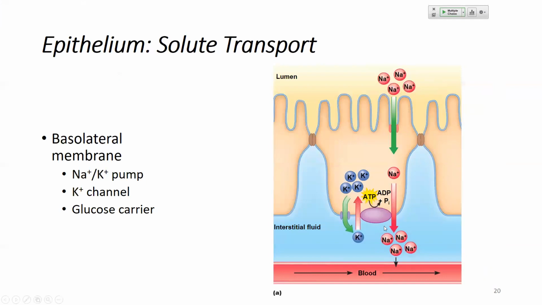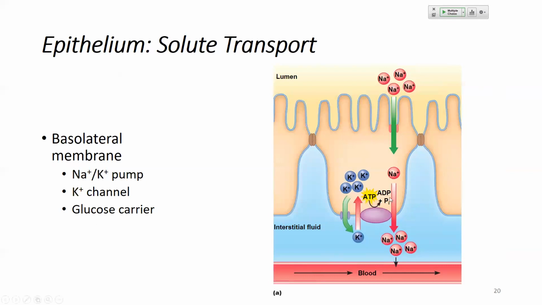And it's going to be bringing potassium in, specifically 2 potassium in and 3 sodium out. What type of transport is this an example of? This is active transport, primary active transport, which requires ATP.